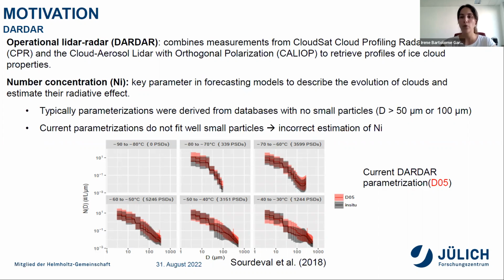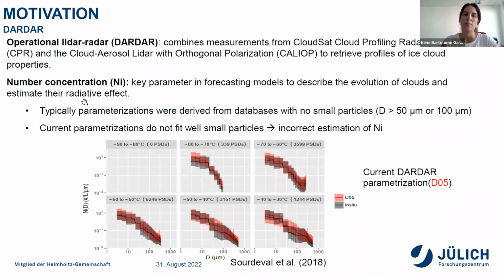The aim is to retrieve profiles of ice cloud properties. The framework doesn't give number concentration, but provides other properties, like reflectivity and extinction. There's also effective radius, but still not number concentration.